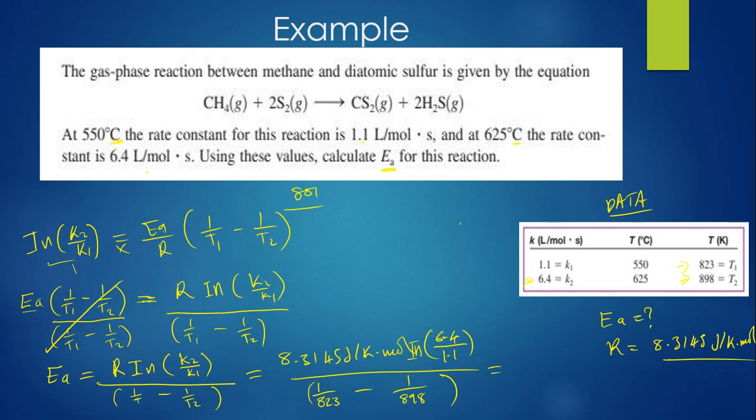So on your calculator, when you work out that, and when you work out 1 over 823 minus 1 over 898, you're going to get your activation energy to be 1.4 times 10 to the power 5 joule per mole. So your final activation energy is equal to 1.4 times 10 to the power 5 joule per mole.